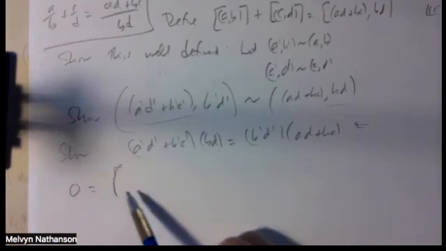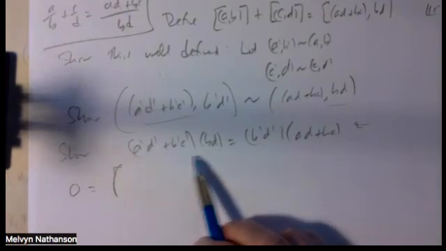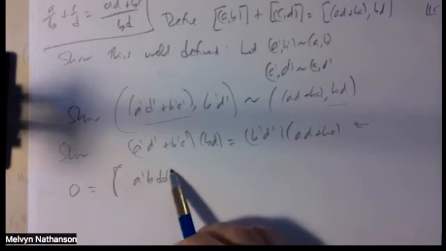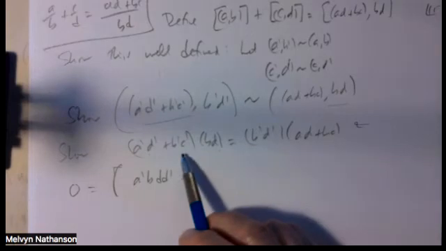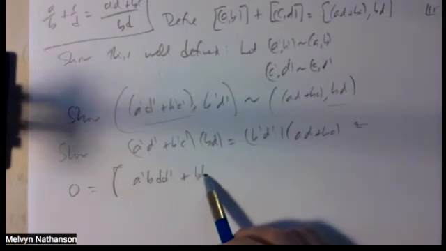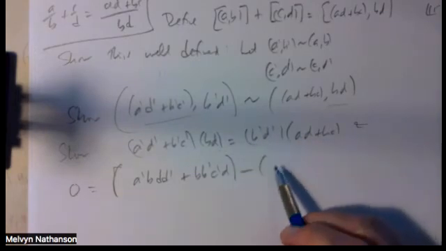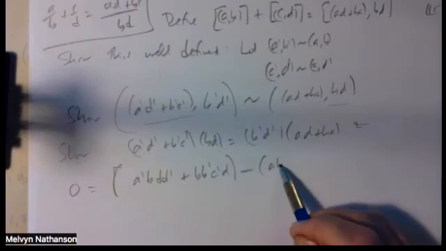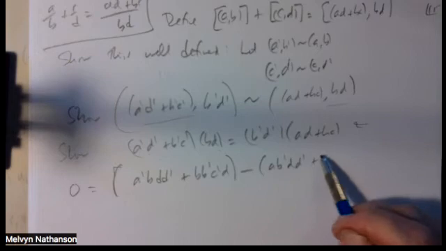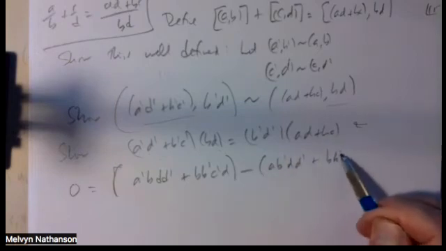When I distribute this across, I get A prime D prime BD, I get A prime B D D prime, plus B B prime C prime D, minus this, which is A B prime D D prime, plus B B prime C D prime.